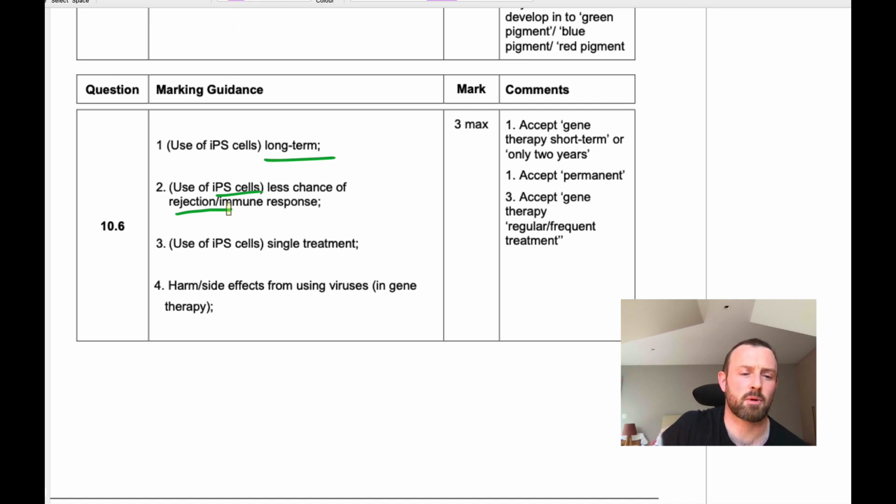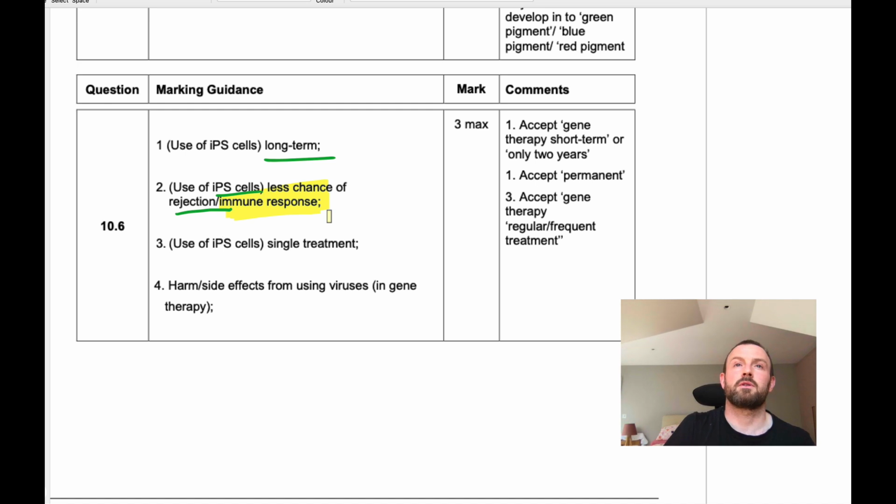This is another problem with gene therapy that uses viruses, which I forgot to say. Sometimes it can be effective the first few times you use it, but if you keep giving the body a virus, even though the virus is doing a good thing, the body's still like, what is that virus? That is a foreign body, and I'm going to produce antibodies against it.